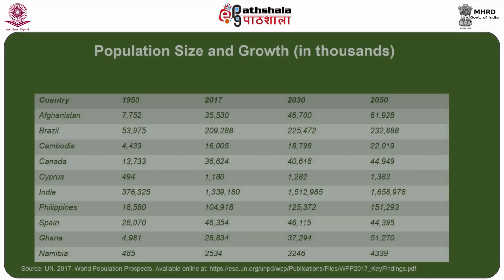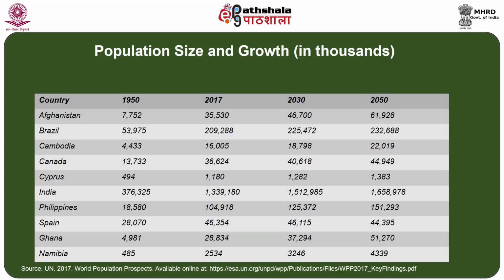Looking at the table above, we can see that the population size of Cyprus increased from 494 thousand in 1950 to 1180 thousand in 2017, and the projection for 2030 is only a marginal increase to 1282 thousand.